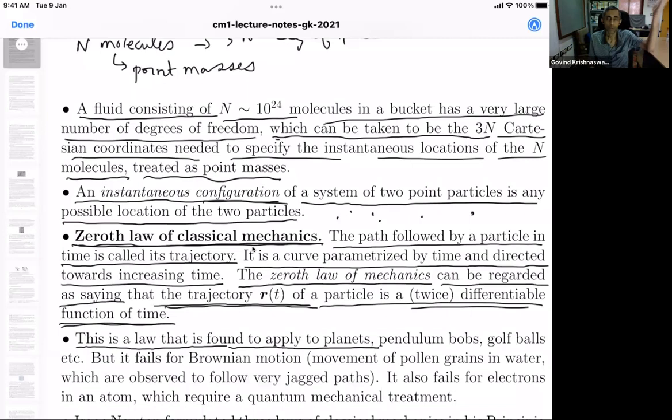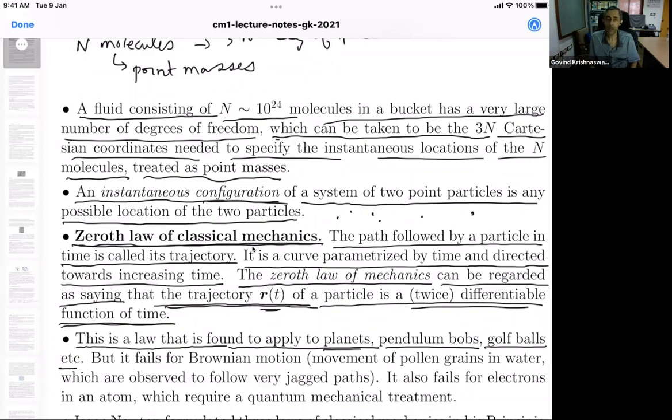If you make a chart and watch the motion of a planet, the curve that it traverses is, to reasonable approximation, modeled as a twice differentiable function of time, the r of t. So it applies to planets. It applies to pendulum bobs, and to tennis balls, golf balls, cricket balls, the motion of those.